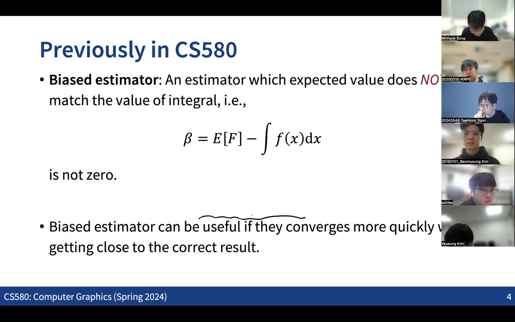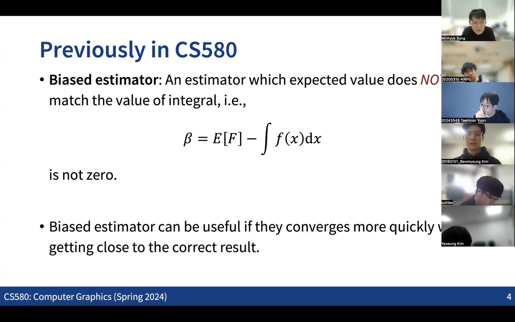While we also discussed the unbiased estimator, there can be other types, such as a biased estimator. This is the case where the expected value does not exactly match the integral of the function that we are calculating. But the key thing is that even when we have a biased estimator, we need to check whether we can still see convergence to the true value.